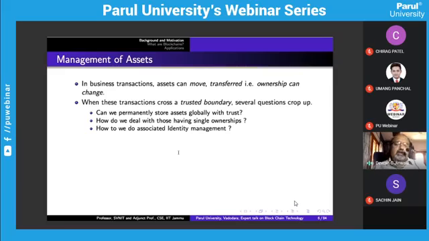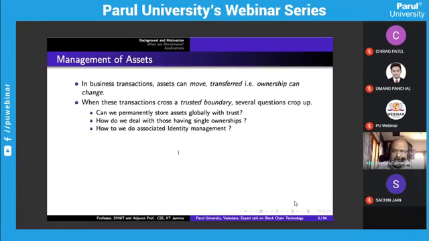So if a particular cash or a particular asset moves from one entity to the other, can we somehow do inherent, implicit identity management, which we know in the case of cash is not possible? Because if by mistake you drop a 500 rupee note somewhere on the road, you cannot prove that it belongs to you.